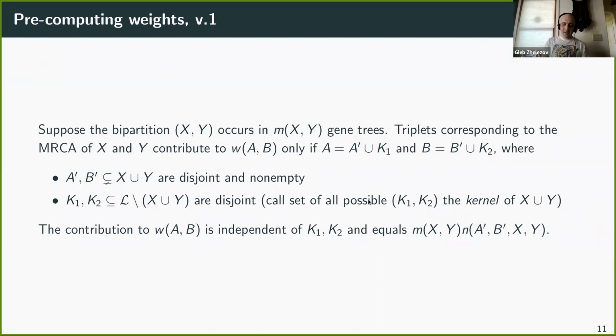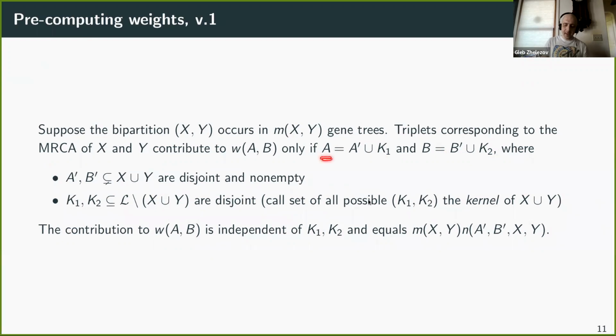So if you write A as a union of A prime and K1 and B as B prime union K2, where A prime and B prime are disjoint and not empty and are subsets of X union Y, and K1, K2 are subsets of the complement of X union Y, and they're disjoint, then any pair of sets of this form is going to contribute to WAB. The reason being that, if I'm going to scroll back for a moment.